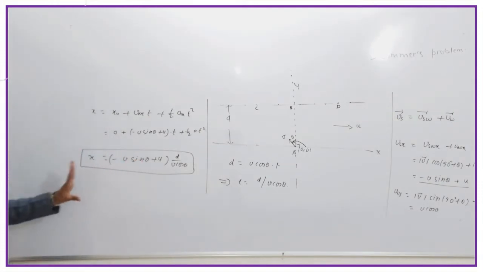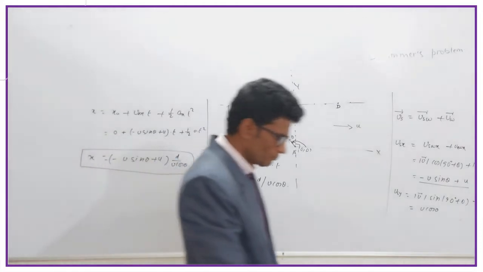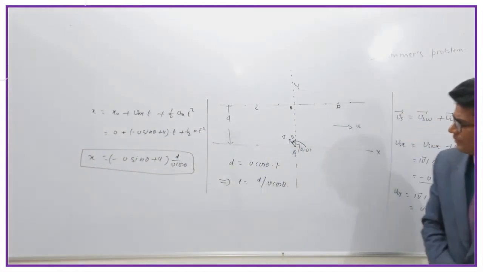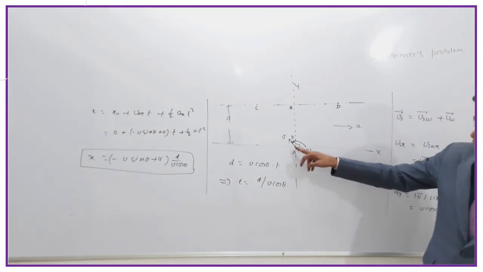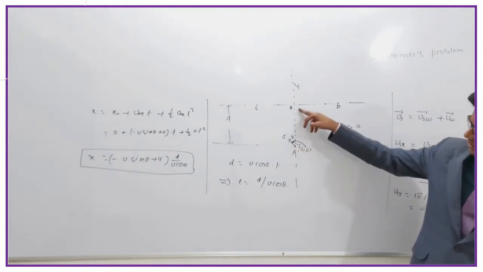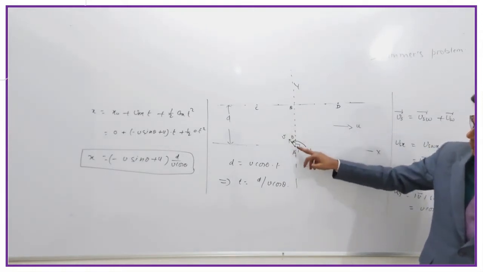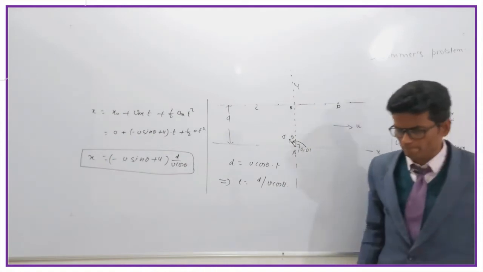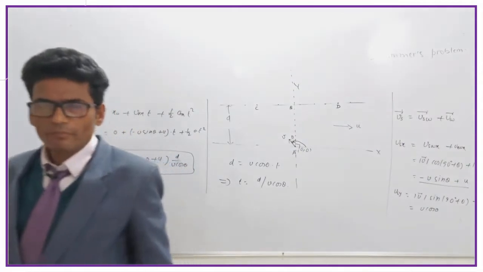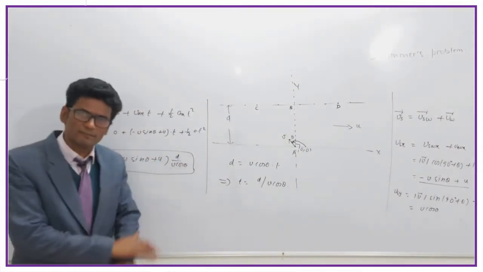Now you are interested that the swimmer wants to cross the river just opposite to the starting point, say at point B. Where is the point B?